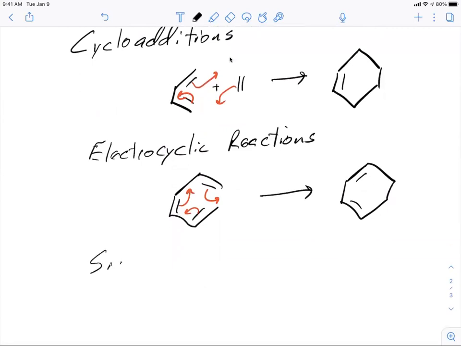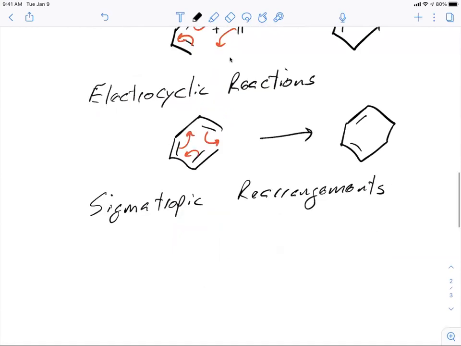And then sigmatropic. The sigmatropic rearrangements.